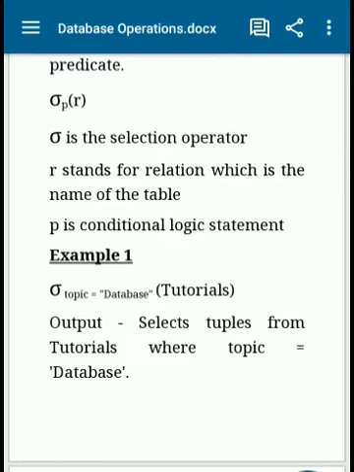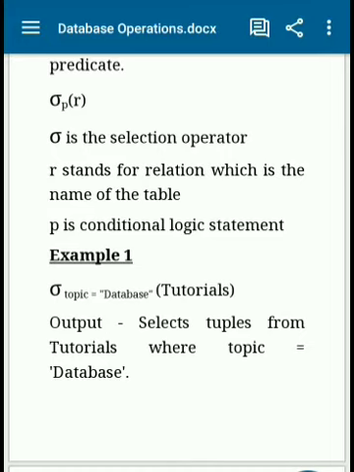Selection operation is a database operation which is used to select some specific tuples or records from a relation or table following some given condition. That is known as selection operation. So what do we need in selection operation? There must be one relation and there must be one condition.